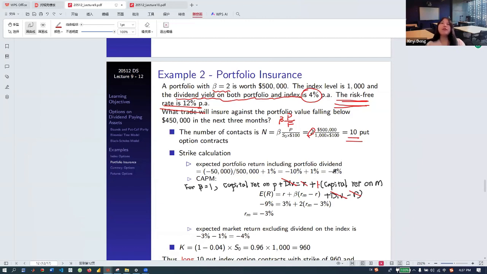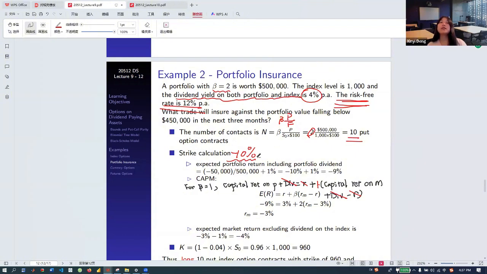So here, if you know the portfolio return associated with the maximum loss, it can be derived as minus 10%. That's the loss we can bear, right? But that's actually the capital return.